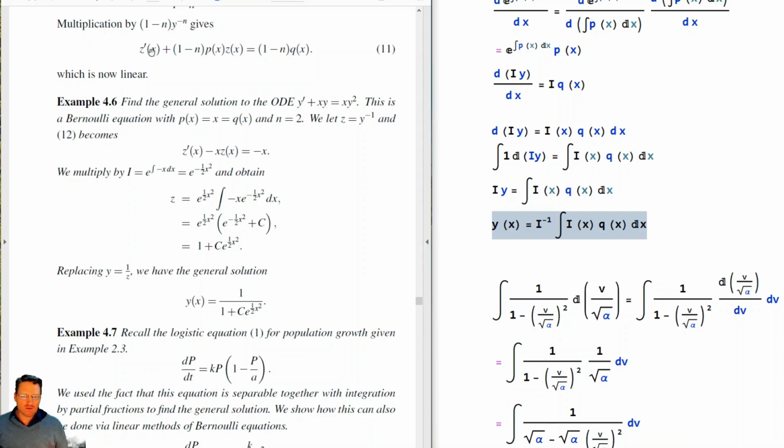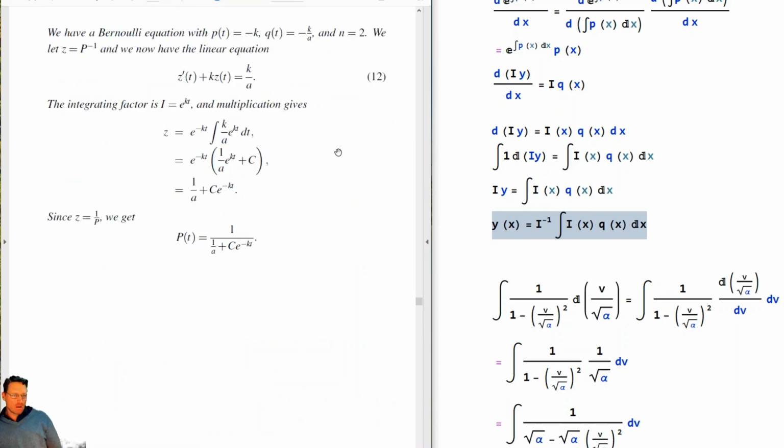So very similar here. So we have the form of equation 11 with n equal to 2. Okay, so we set out our p of t, our q of t, and then we just have a linear equation with z equal to p to the minus 1.